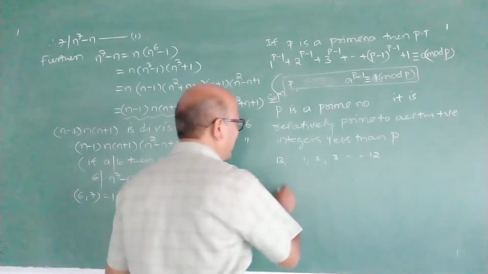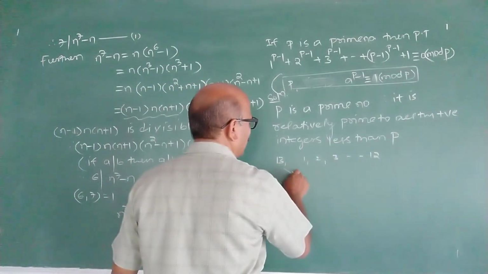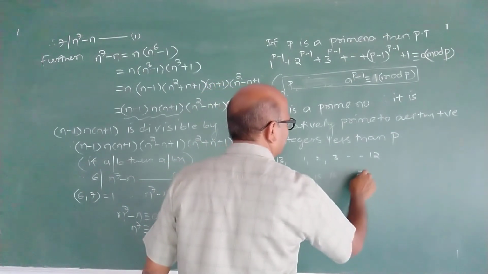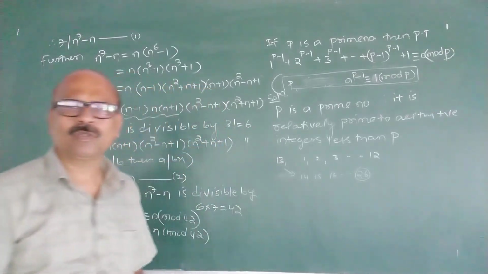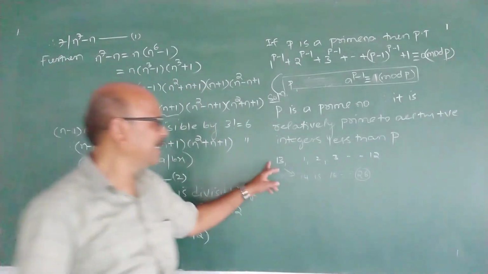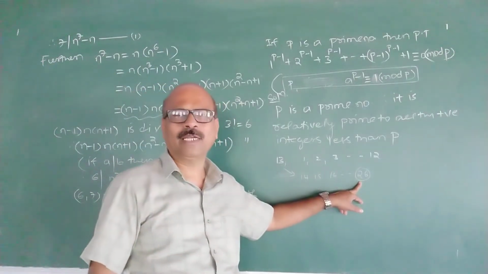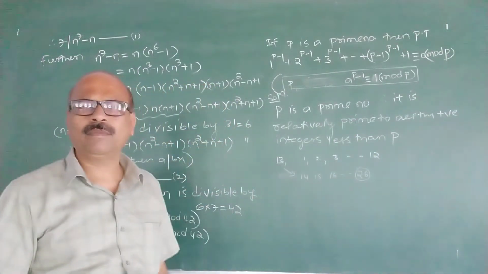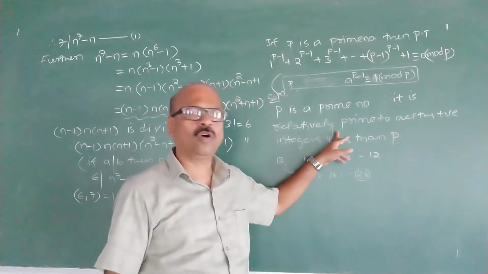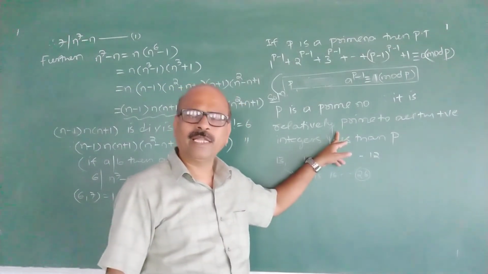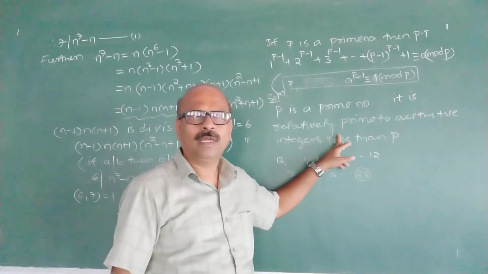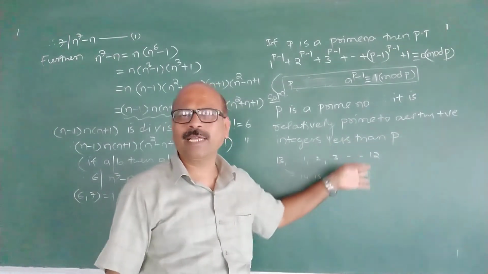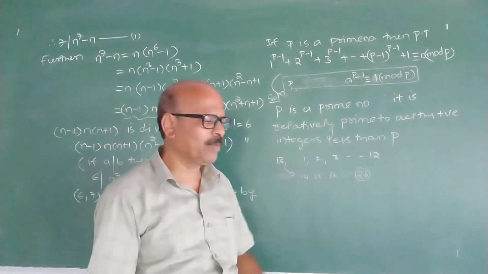It is relatively prime to 14, 15, 16 also, but up to 26. It is not relatively prime to 26. 13 and 26 have a common factor, 13. So the result is, if P is a prime number, it is relatively prime to all the positive integers less than P, and also relatively prime to all the positive integers greater than P, except multiples of P.